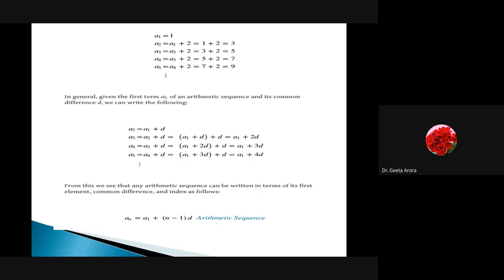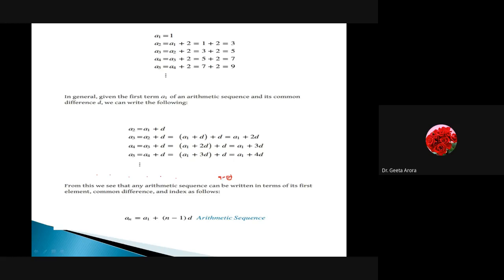Then we have learned how we can represent any term in terms of the initial term. Suppose the first 5 terms are given and we are asking what the 100th term is. I think this is the example we have taken. It is not practical to use the 99th term to calculate the 100th term.